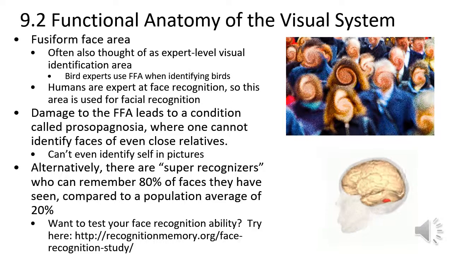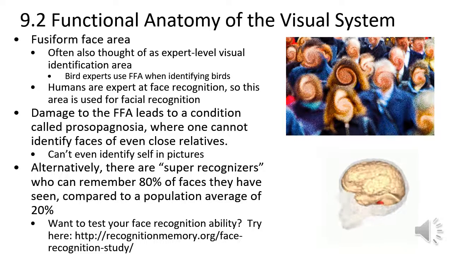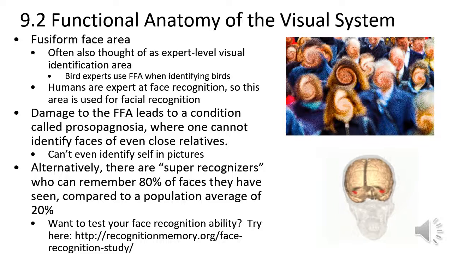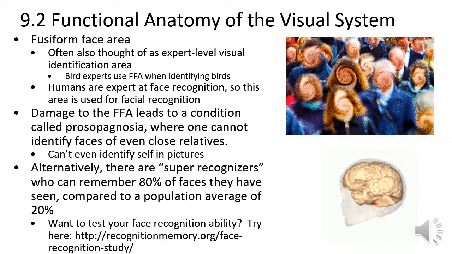So the fusiform face area is very interesting and associated with a number of interesting behavioral phenomena. As I mentioned before, it's also thought of as kind of like an expert level visual identification area. So humans are experts at facial recognition.